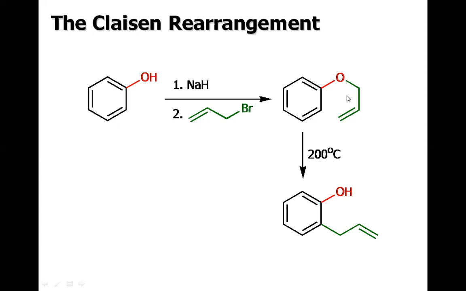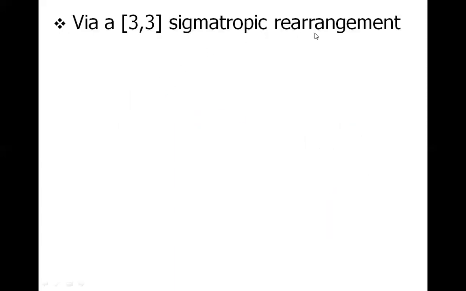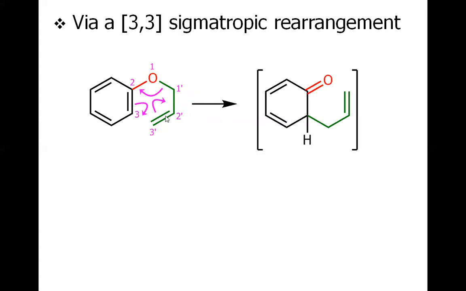However, at high temperature, this allyl group will migrate from oxygen to this adjacent carbon. And this is how this rearrangement happens, because of the sigmatropic rearrangement, a special class of reaction in which we have an intramolecular rearrangement, that is, this sigma bond is broken, we have the pi bond here, and this pi bond will form a new sigma bond with this carbon, and as a result this pi bond will shift to this position.